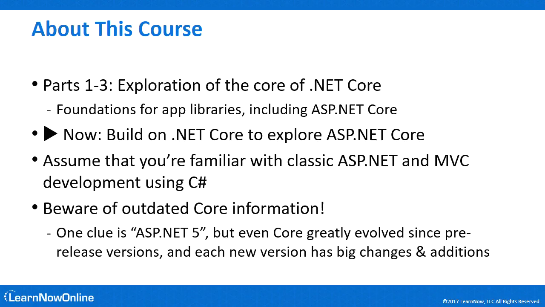There's a lot that's similar, as you'll see, but it's quite different. So anything that references ASP.NET 5 just isn't going to be updated information. But unfortunately, they started using the ASP.NET Core name early enough that if you're reading an article that even uses that name, it doesn't mean that it's current for the release version. So that's just a big heads up.